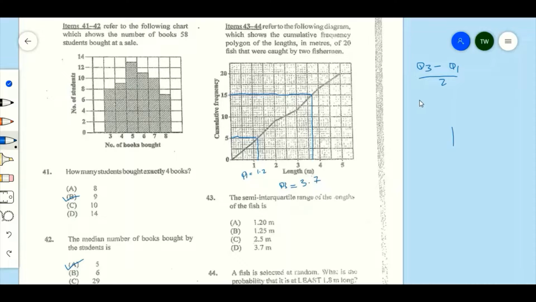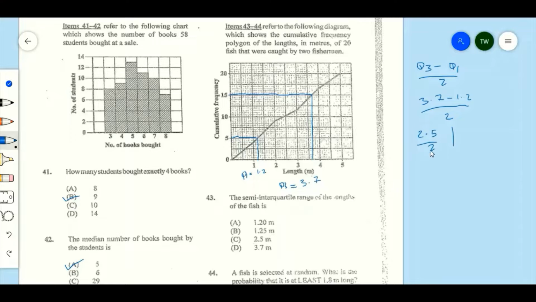So here we're going to have 3.7 minus 1.2, all divided by 2. And 3.7 minus 1.2, that's going to give us 2.5, divided by 2.